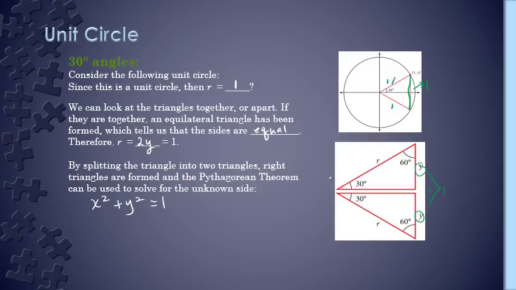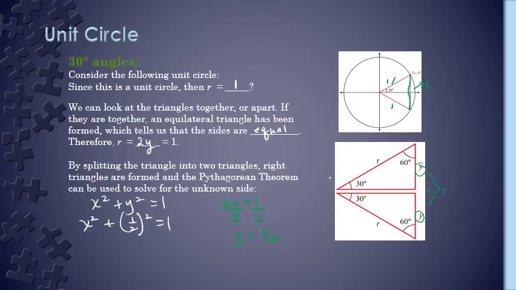And we know something about y. I know that y is equal to 1/2. So I'm going to say x to the second plus 1/2 to the second is equal to 1.